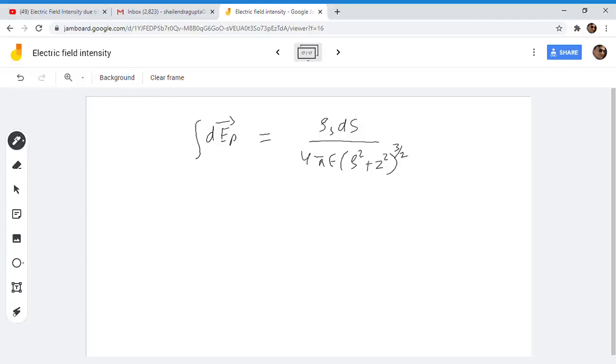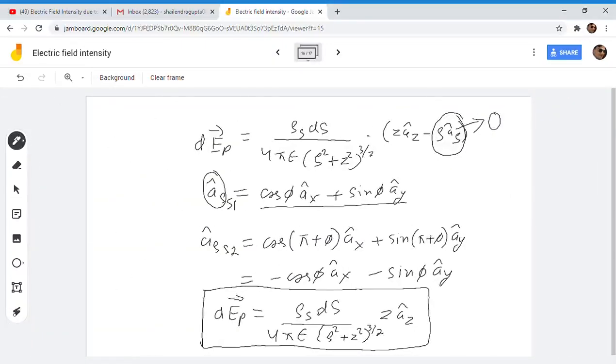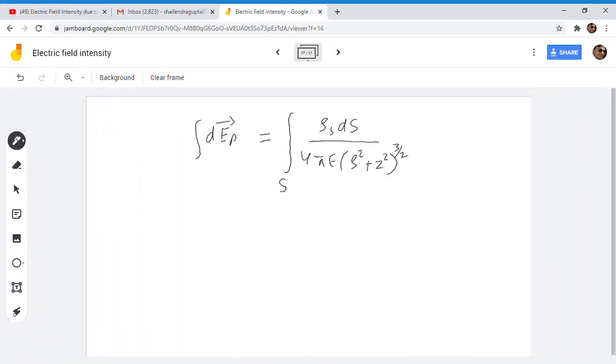Okay, and where will we integrate? We will integrate on the surface. And one more component is there, which is z az. Okay, so now here we need to expand this ds. What is this ds?